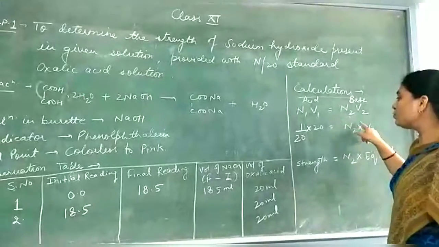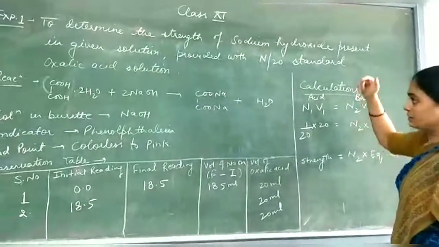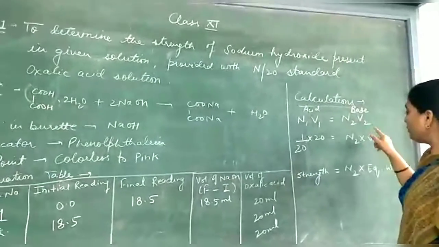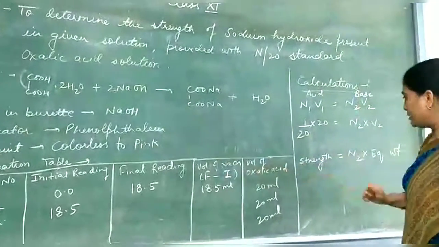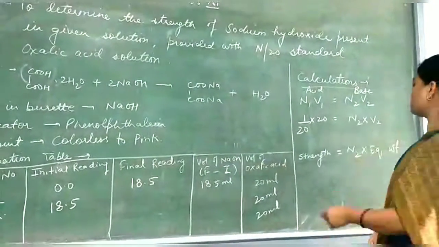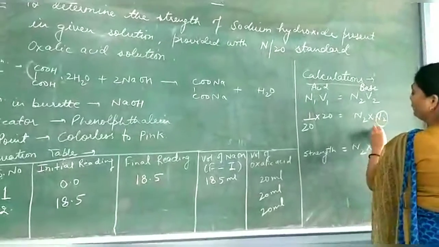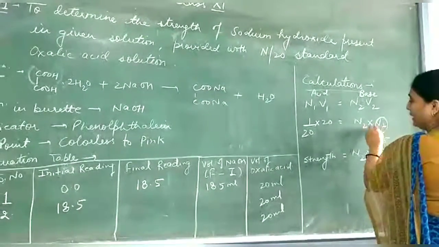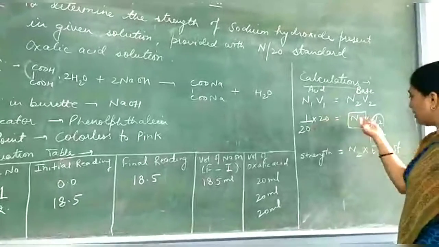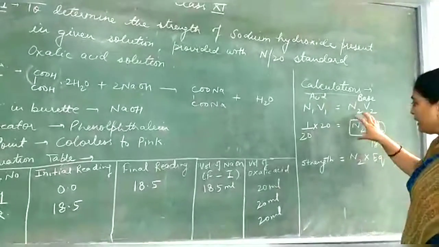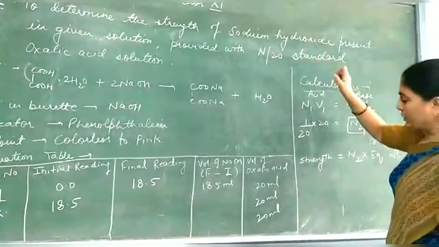N2 is what we are supposed to find, that is our question, and V2 we have calculated as the volume of NaOH, that is final minus initial. So suppose this V2 comes out to be 18.5. So I'll put this value and I can find N2. So this N2 will be 1/18.5, that is the normality of the NaOH solution.